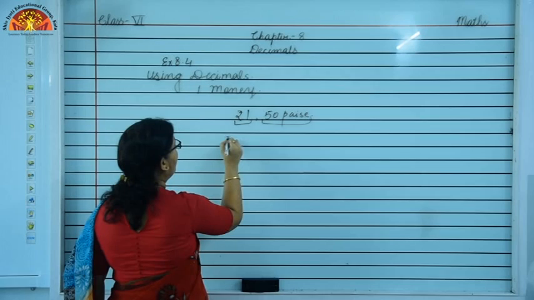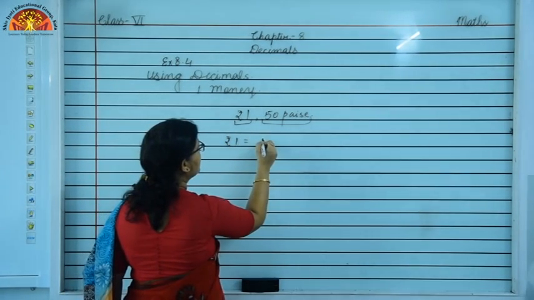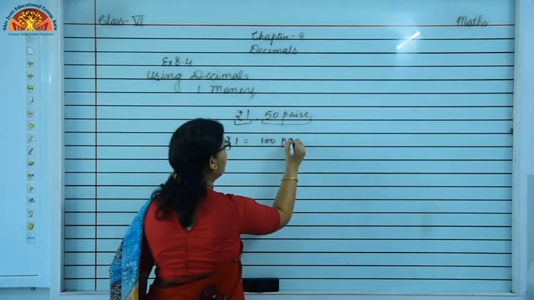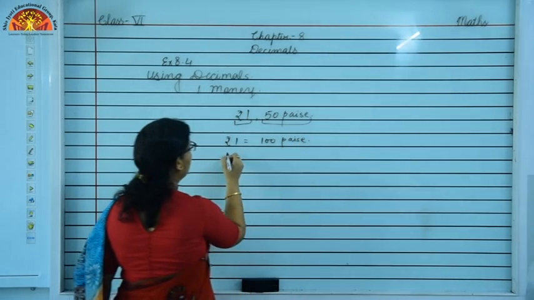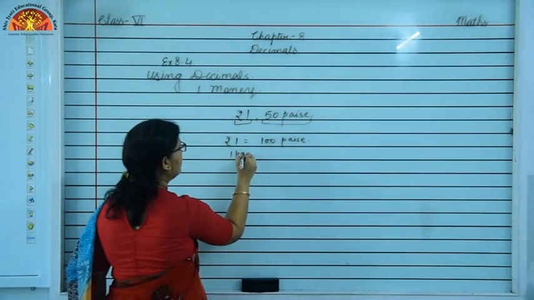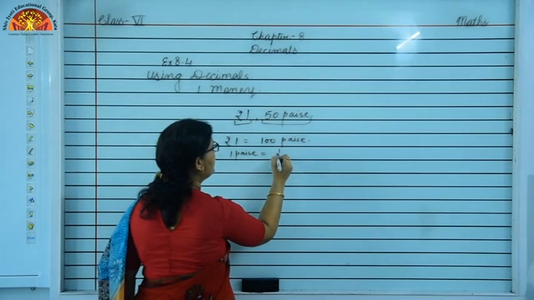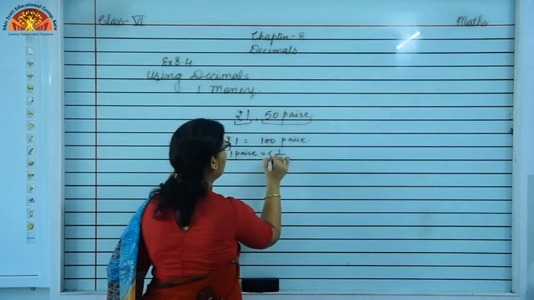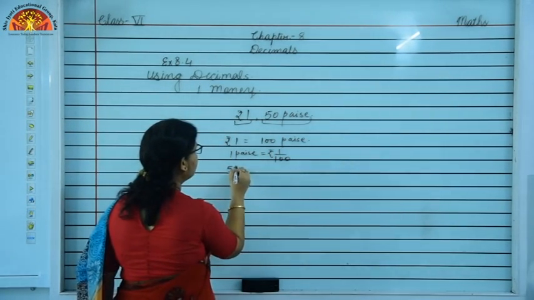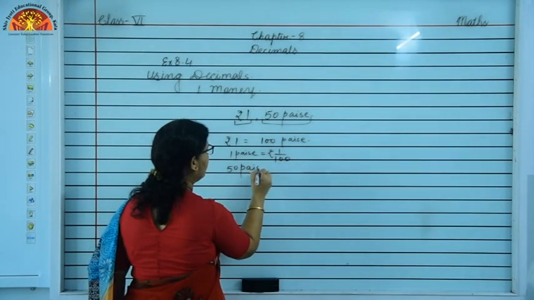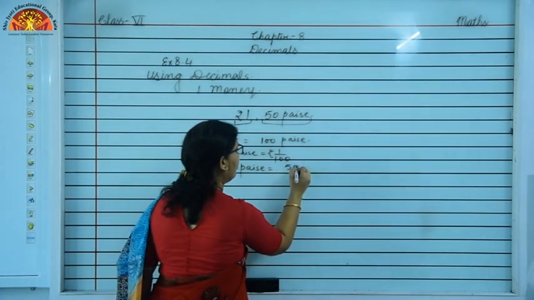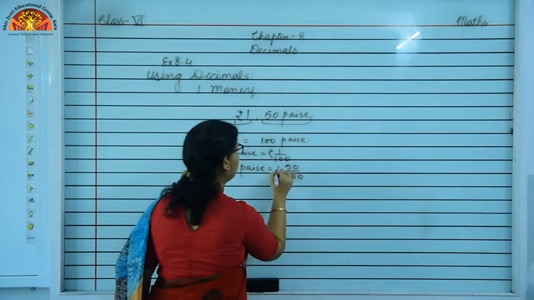Because 1 rupee is equal to 100 paise, so 1 paisa is equal to 1 upon 100 rupees. Now 50 paise is equal to 50 upon 100.